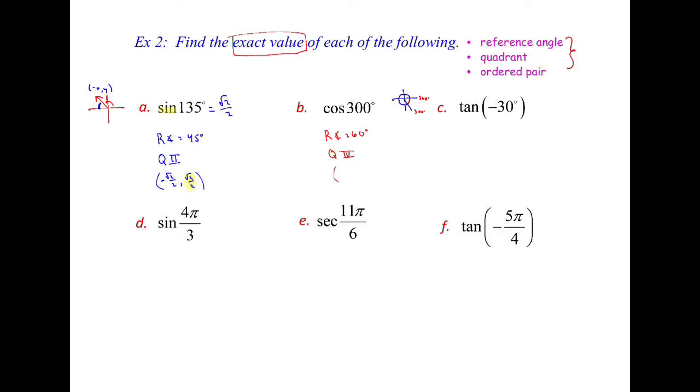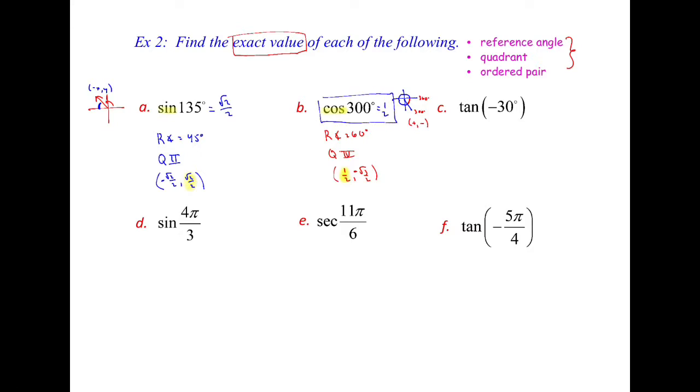And then the ordered pair for 60 degrees is 1/2, comma, square root of 3 over 2. But you're located in quadrant 4, which has a positive x and a negative y. So if you're plotting a point, it's positive x and then down, which is a negative y. So it'd be 1/2, comma, negative square root of 3 over 2. So cosine of 300 is, cosine is your x value, which in this case would be 1/2. So cosine of 300 degrees is 1/2.